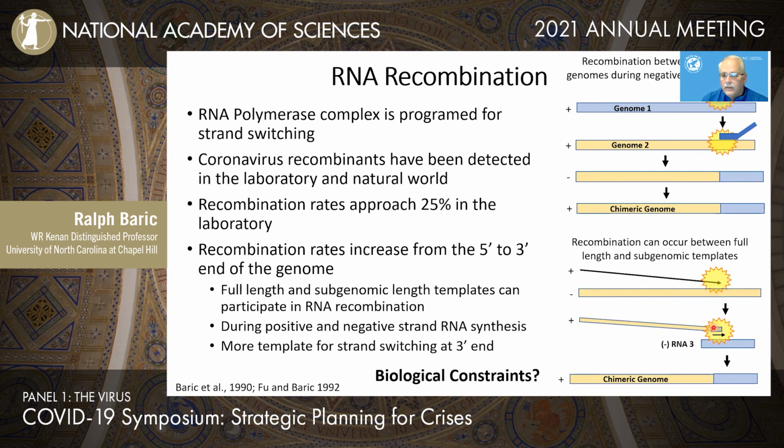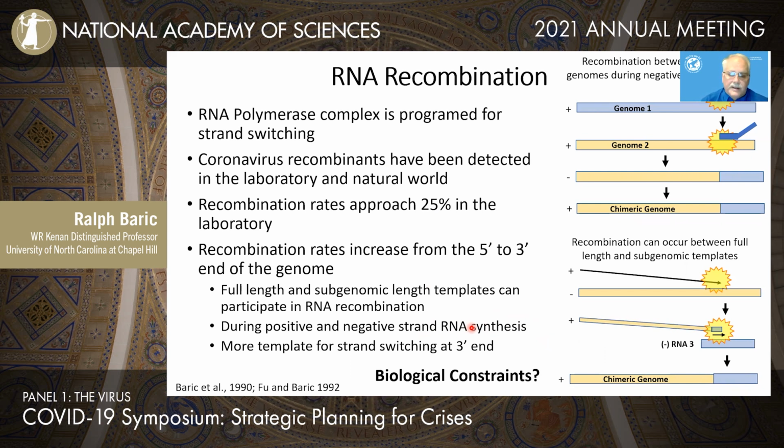There's a switching event where it binds to a subgenomic negative stranded RNA and then completes the synthesis of a full-length genomic recombinant molecule. So recombination can occur both during positive and negative strand synthesis, and it can also drive higher rates of recombination at the 3' end of the genome because there's more template available.